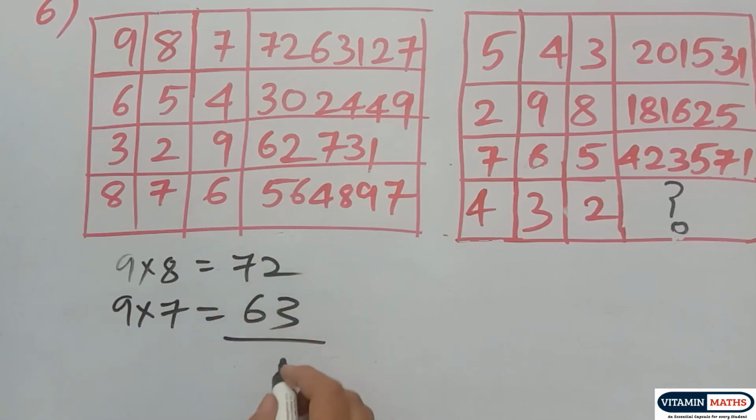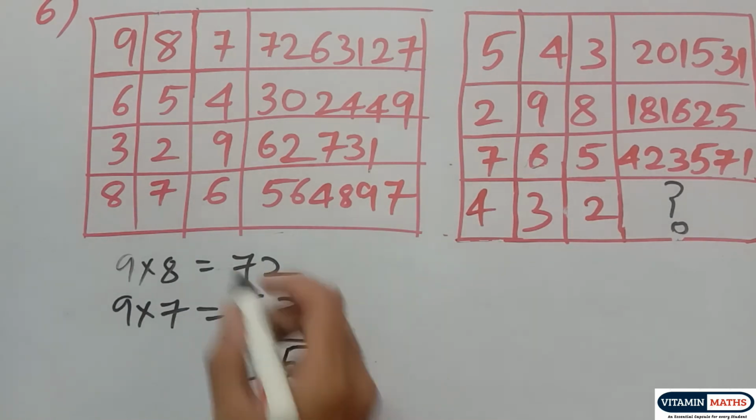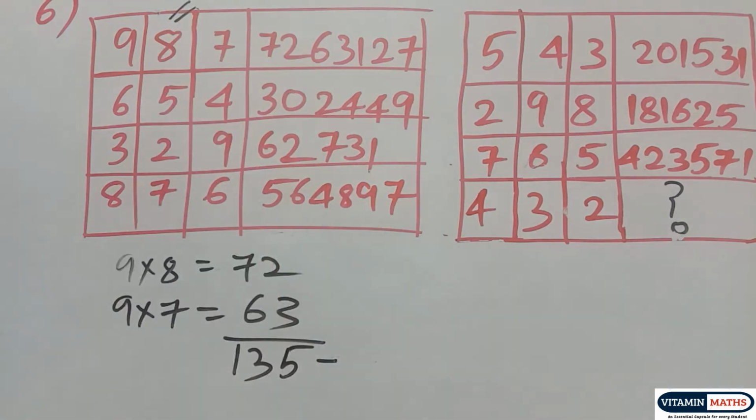When you add these both numbers, you get 135. From 135, if you deduct the middle number, that is 8, 135 minus 8 gives 127. This is the logic that works for the entire table shown in this question.